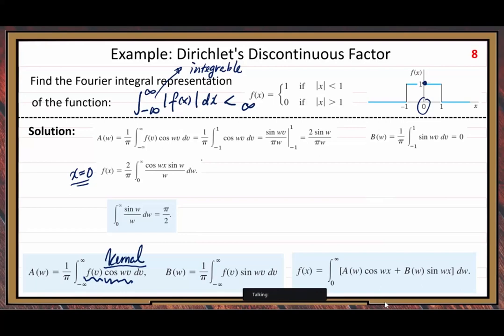Because we want to do some high level understanding of problem solving. Here we have a function. Basically we are studying a function.